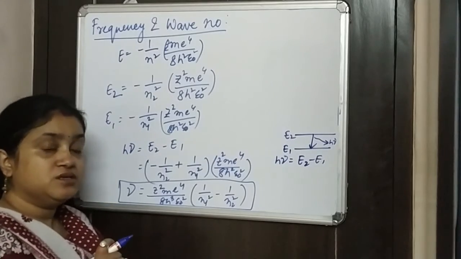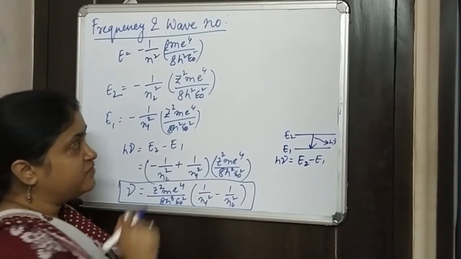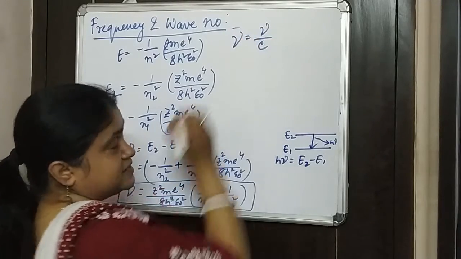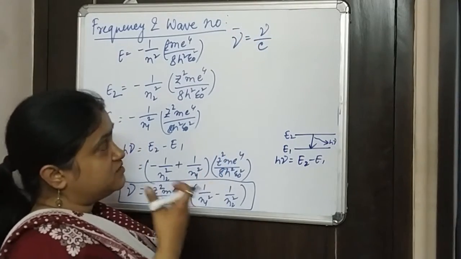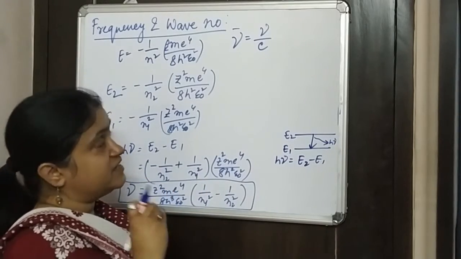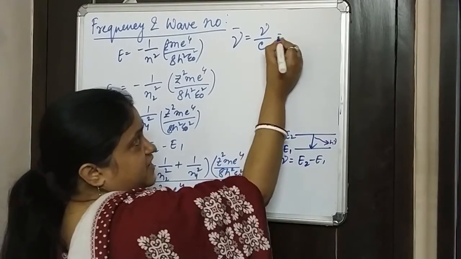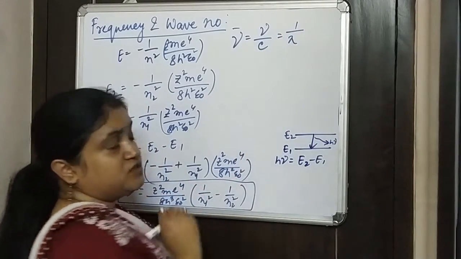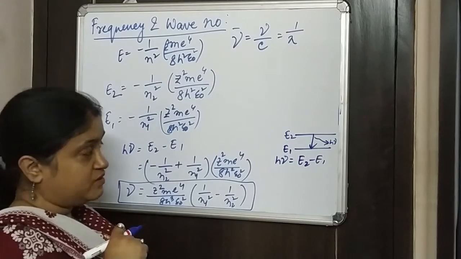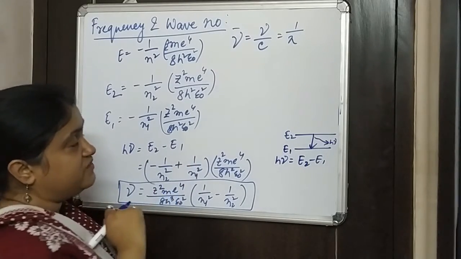Now coming to the wave number, nu bar is nothing but nu by c. When we divide the frequency by the velocity of light, that is the wave number, which is again equal to the reciprocal of the wavelength.